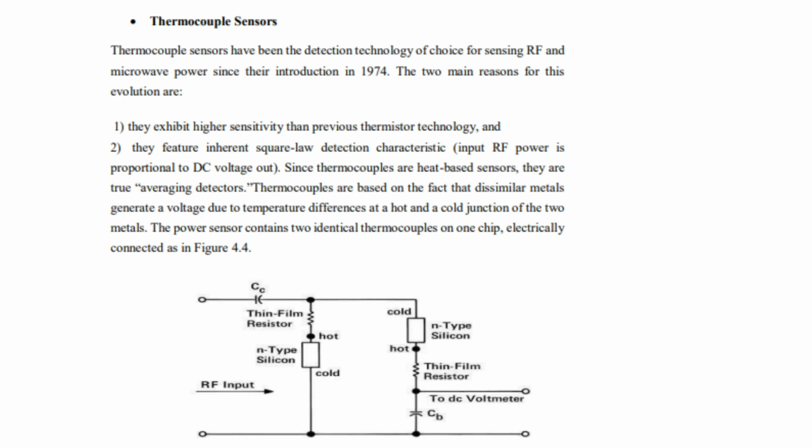Since thermocouples are heat based sensors, they are true averaging detectors. Thermocouples are based on the fact that dissimilar metals generate a voltage due to temperature differences at a hot and cold junction of the two metals. The power sensor contains two identical thermocouples on one chip and electrically connected, as shown in this figure.